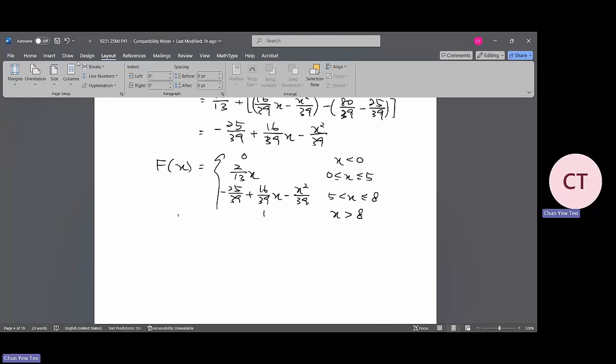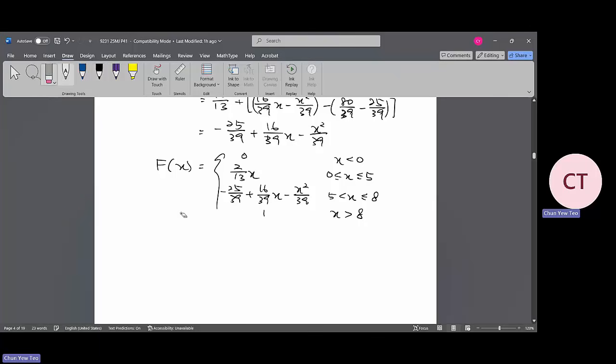Now we need to find the CDF for the y. Okay, so G(y) is equal to P(Y less than or equal to y). This will be P(X squared less than or equal to y). It will be P(X less than or equal to the square root of y).